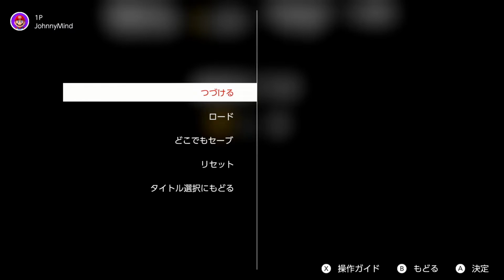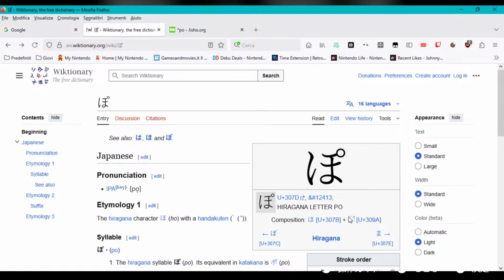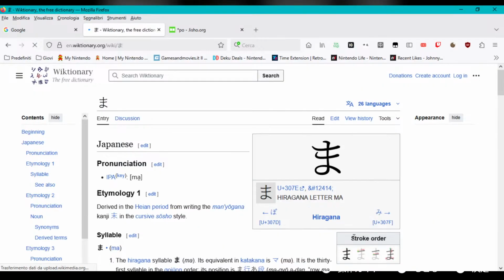Let's go back to our hiragana. So we have finished the ha-gyo, quite long considering that there's also the handakuten. But luckily now we start the ma-gyo, which, just like the na-gyo we've seen before, has no dakuten or handakuten.